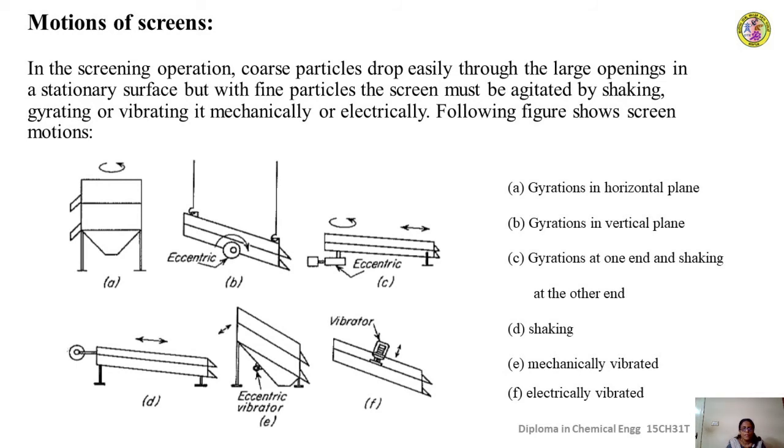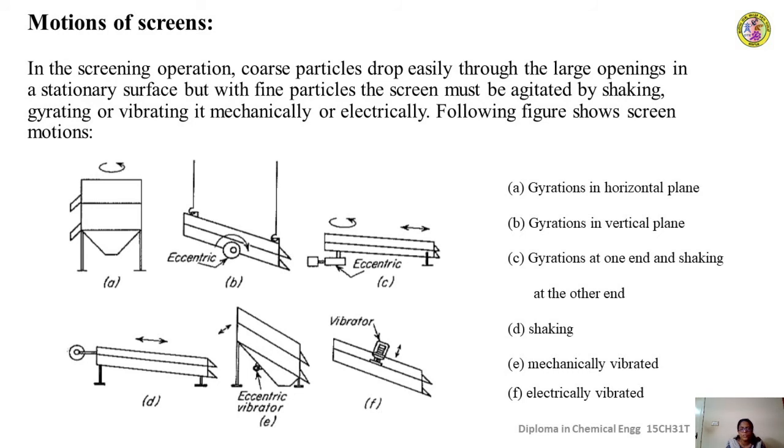As shown in the diagram, different kinds of motions are given. The first figure shows the gyrating action of the screens, where two screens are mounted one above the other. The screens gyrate in a horizontal plane. The second figure shows the gyratory motions taking place in a vertical plane.